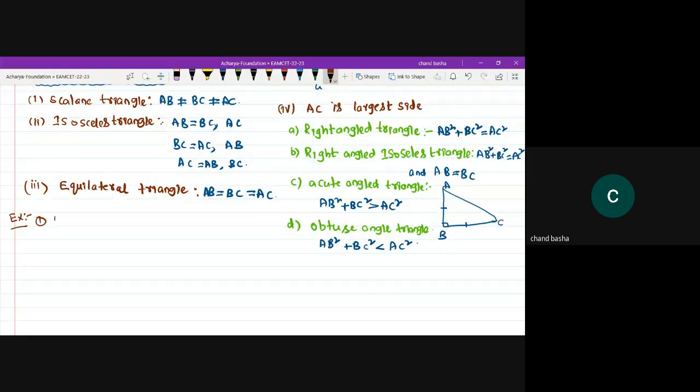The triangle with vertices, what we are going to take, -2, 4. The vertices are given, and another vertex is 0, 0.